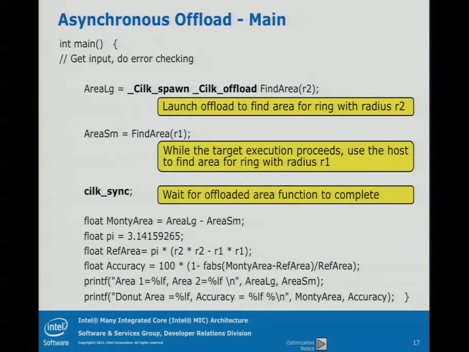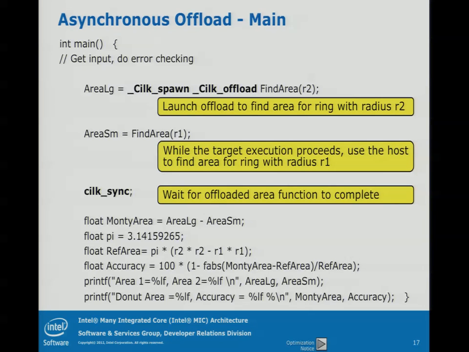Okay, and so basically we count the sugar crystals on the whole circle and count those in the inner circle, and we subtract those two, and we got the area of the donut. Okay, sounds reasonable? Okay, so this and this runs asynchronously, and we put up a Silk sync to make sure that this Silk task has been completed before we reach this code down here.